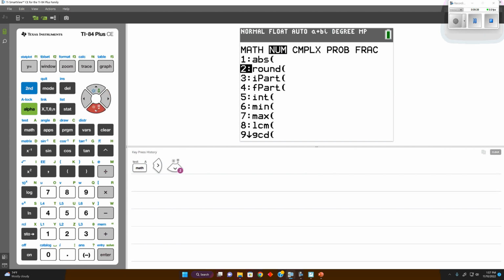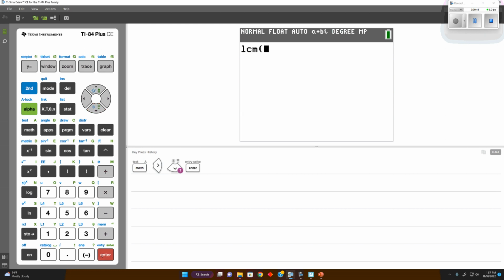So we can scroll down to least common multiple and hit enter. So our two numbers were 3, 5. And hit enter.